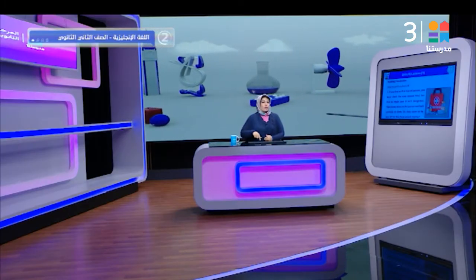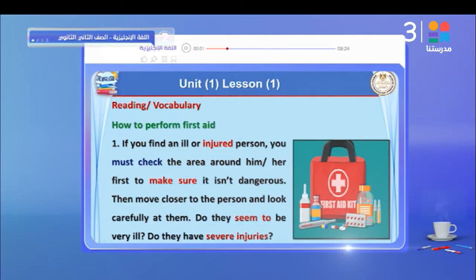So take care. Then move closer to the person and look carefully at them. You need to move closer and look carefully at them. Do they seem to be very ill? What does the word seem to mean? Seem to means here look like.